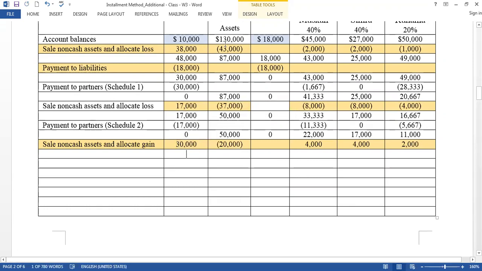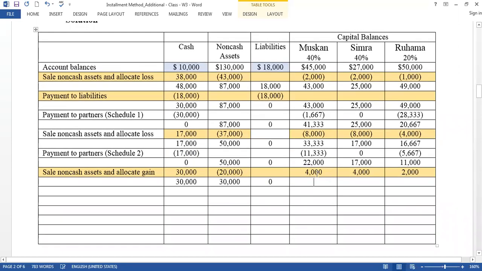We have $30,000 in assets remaining, and we don't have any liability. And now, what is the balance for Muskan? It is $26,000. This is $21,000, and yes, $13,000.